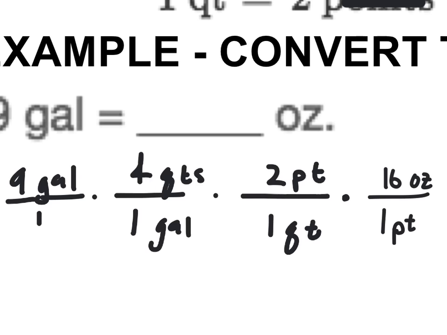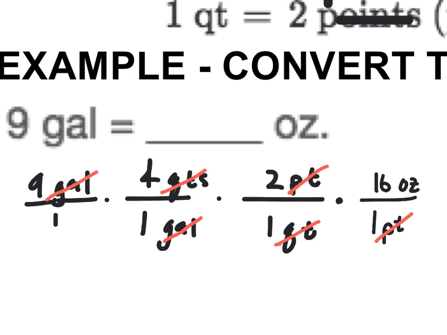So what happens here is that my gallons are going to divide out, my quarts are going to divide out, and my pints are going to divide out. As a result, what you're left with is 9 times 4 times 2 times 16 ounces.